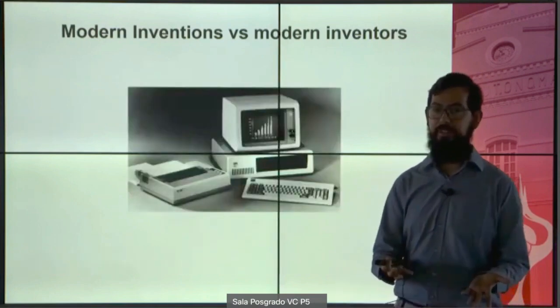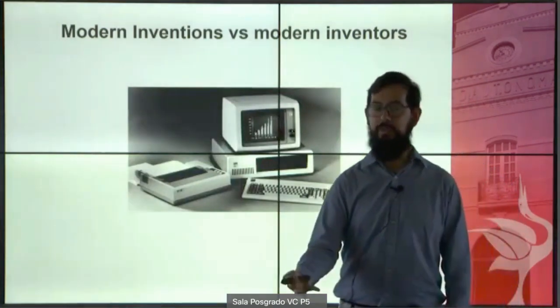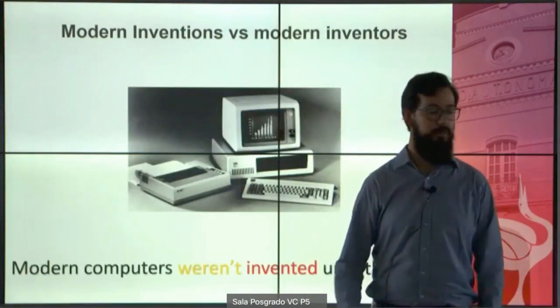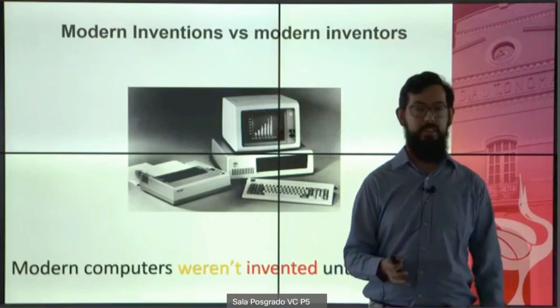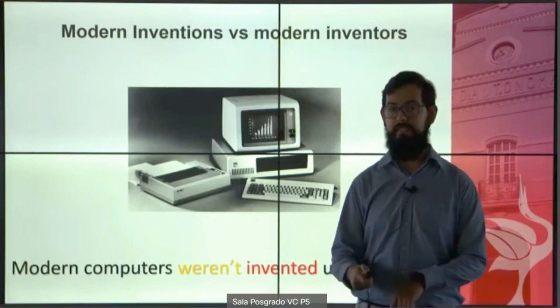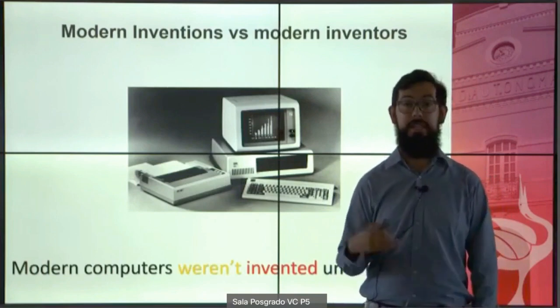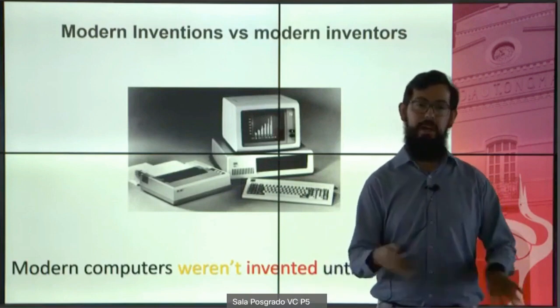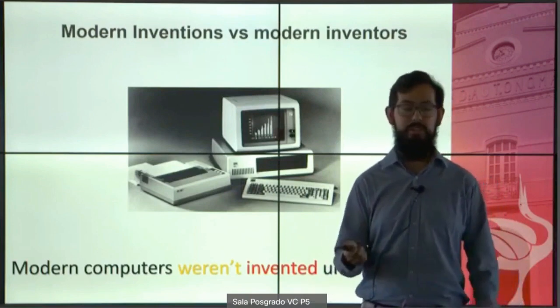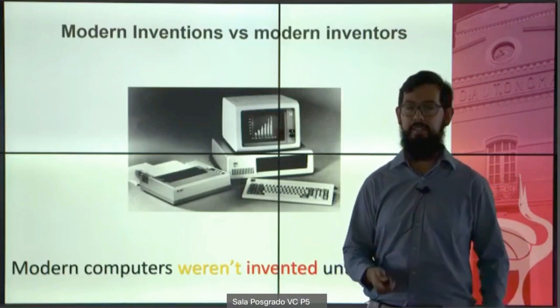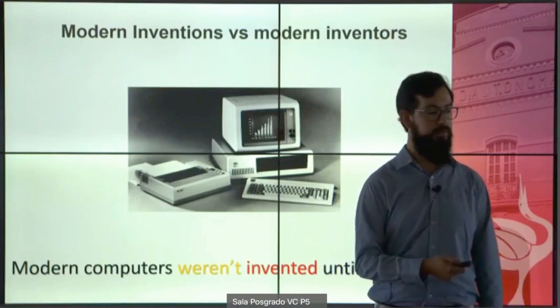Now the computers. Do you know the history of computers? Modern computers were not invented until the 1960s. We had some background of computers, but it wasn't until the 1960s with Macintosh. Good.